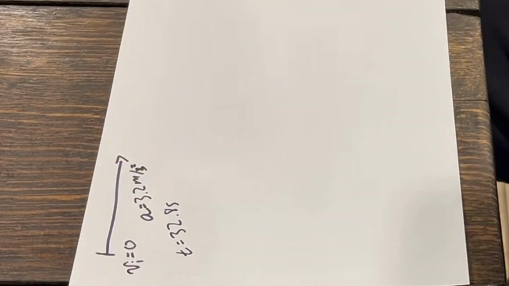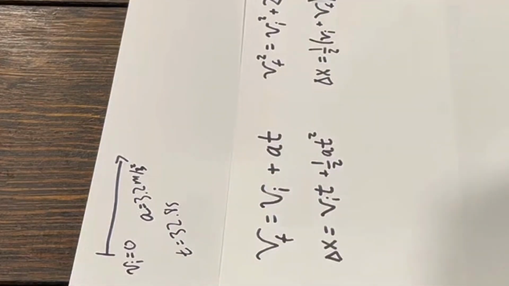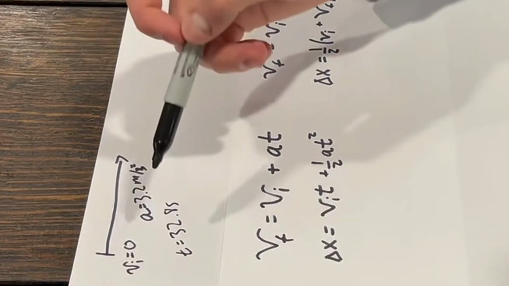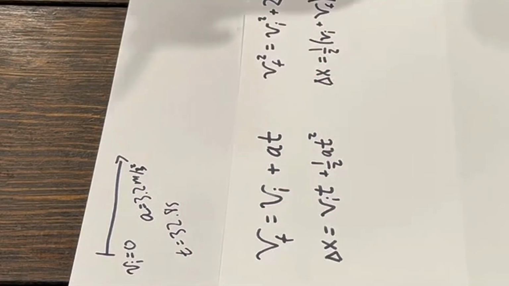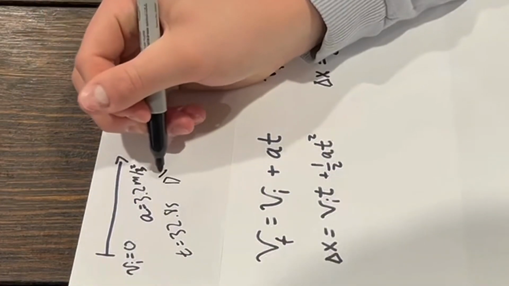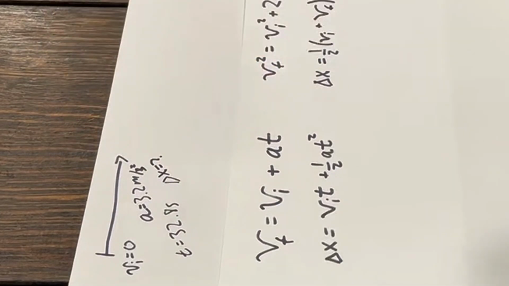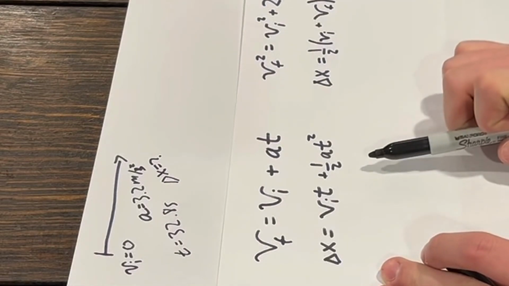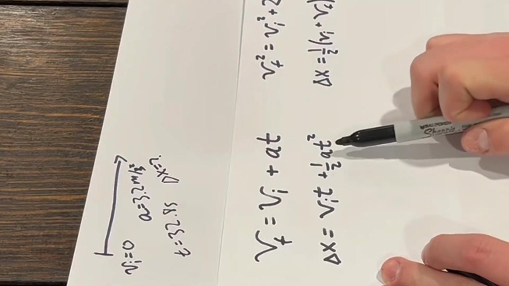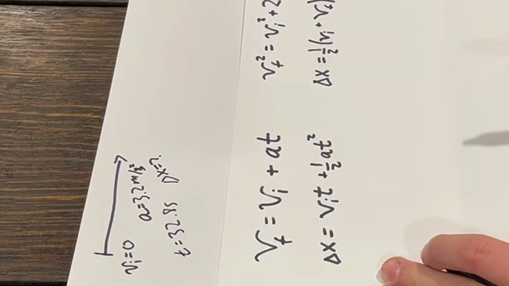So now we need to consult our kinematics equations. And we need to see which one has V initial, which one has A, acceleration, which one has T, and which one also has change in X, as this is what we are solving for. If you notice, this bottom left equation has change in X, velocity initial, time, acceleration, and time again.